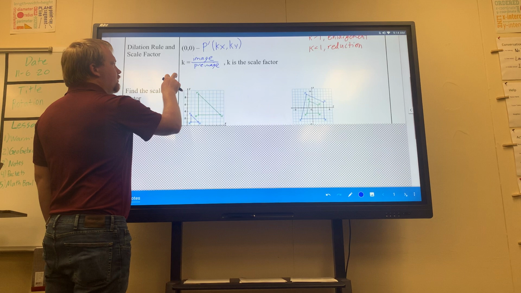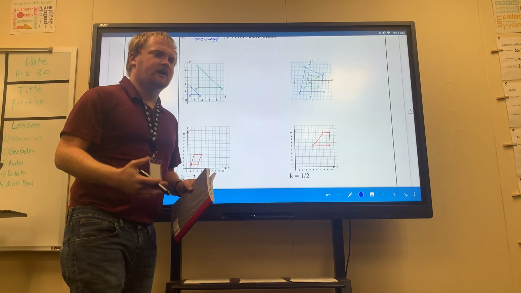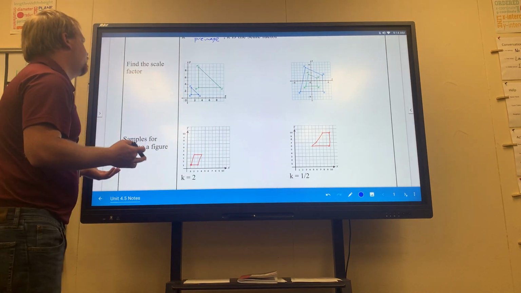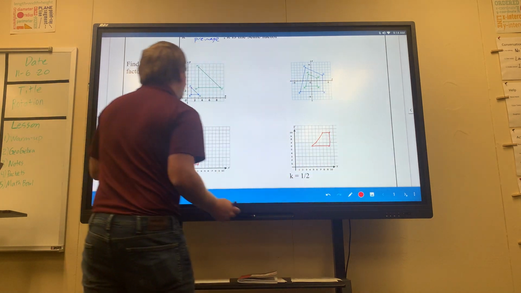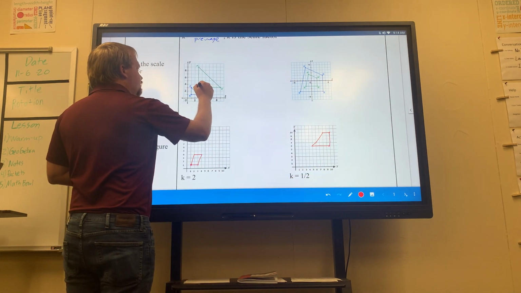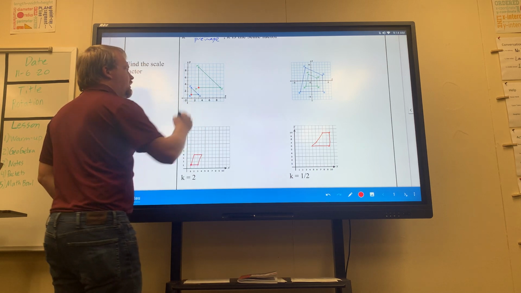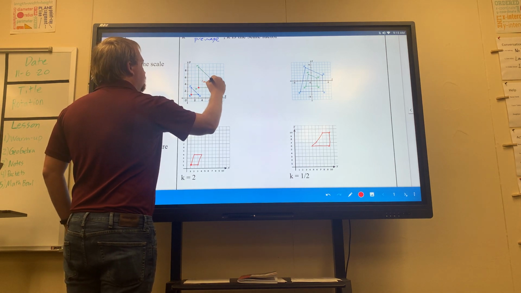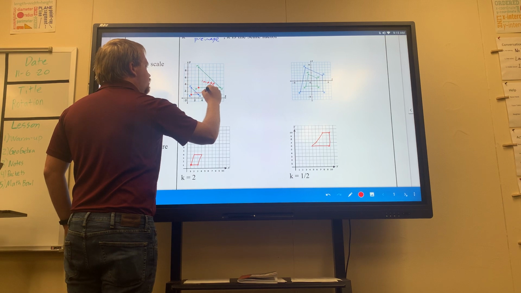Okay? Now, let's try a couple of examples where we have to find the scale factor. So what I gotta do is pick a point. It doesn't matter which point I pick, but let's keep it simple and pick R, or R prime and R. Now remember, R prime is the image, and this blue right here is the pre-image.